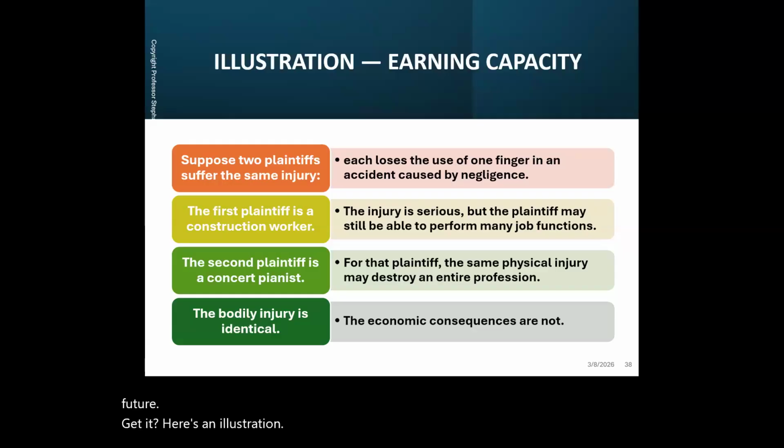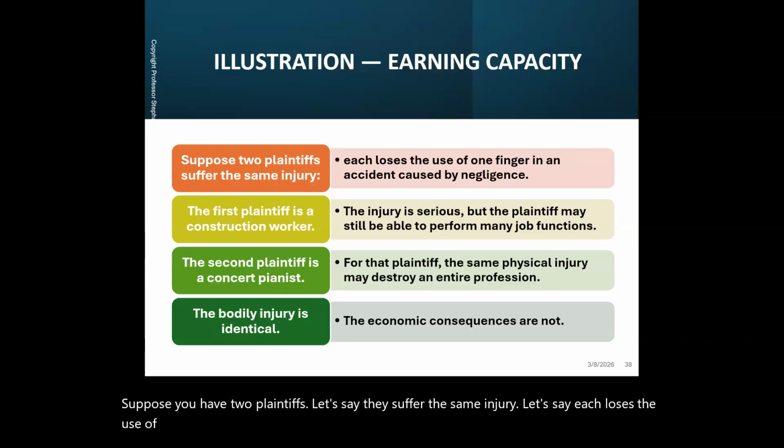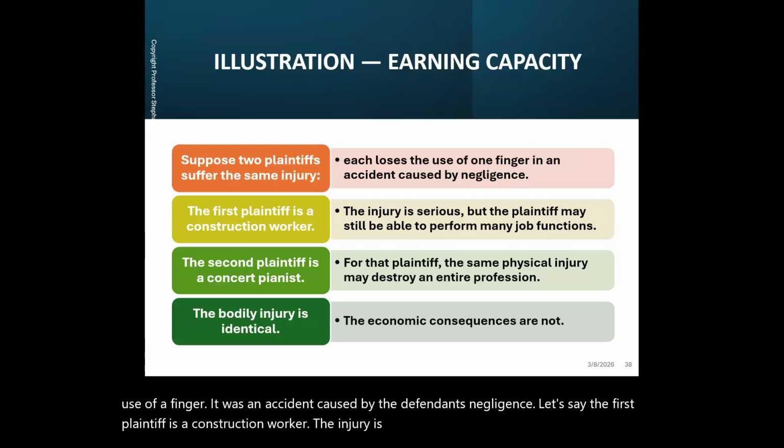Here's an illustration. Suppose you have two plaintiffs. Let's say they suffer the same injury. Let's say each loses the use of a finger. It was an accident caused by the defendant's negligence. Let's say the first plaintiff is a construction worker. The injury is serious, but the plaintiff may still be able to perform job functions, right?